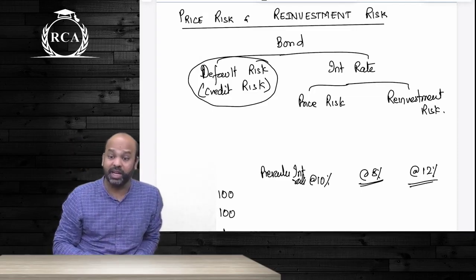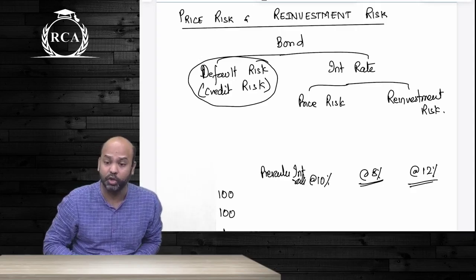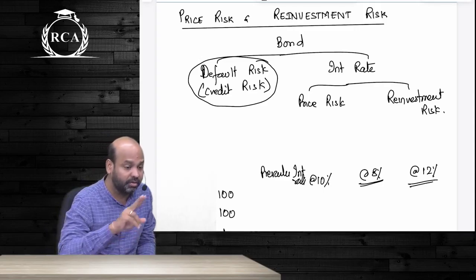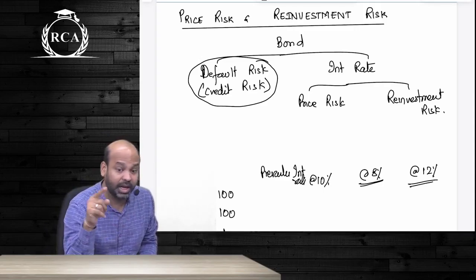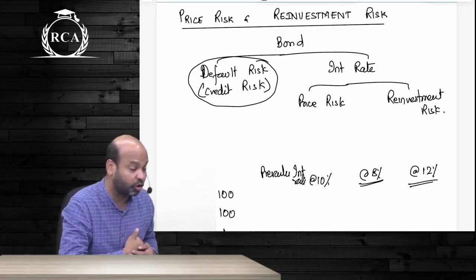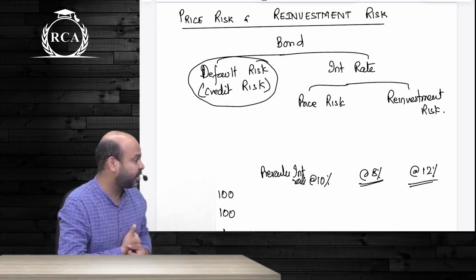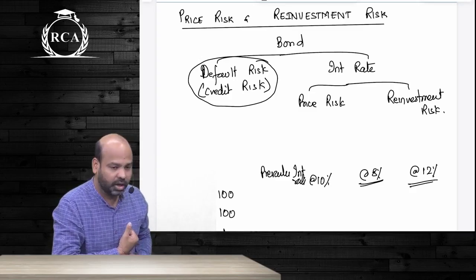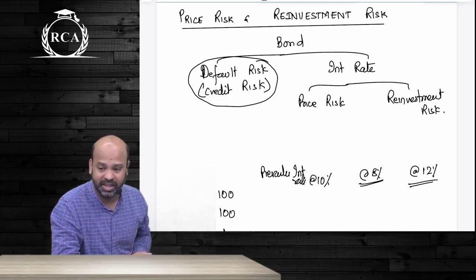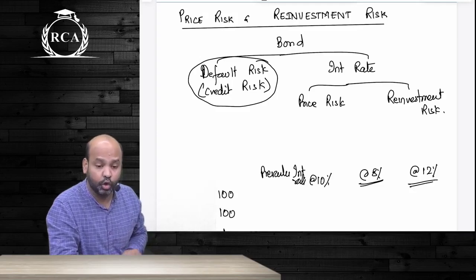If the prevailing interest rates are decreasing, you will be able to reinvest at a lower rate. I repeat, beta, they work in the same direction. Unlike price risk, where the relation is inverse, it is opposite, reinvestment risk, beta, the relation is direct. Increase in interest rates directly will result in a higher income. Decrease in interest rates will result in a lower income.